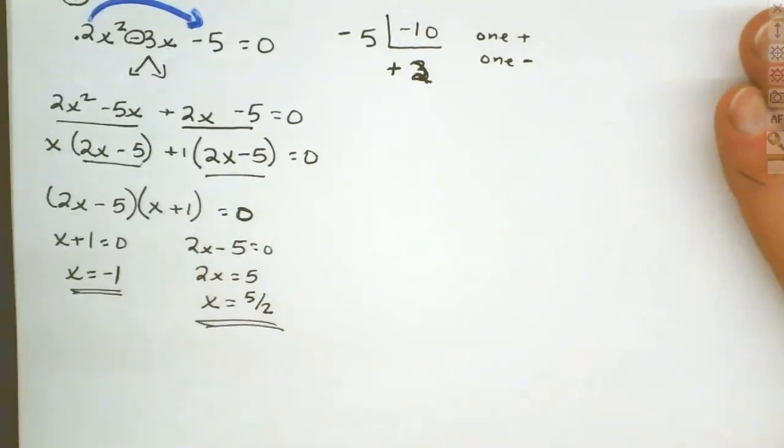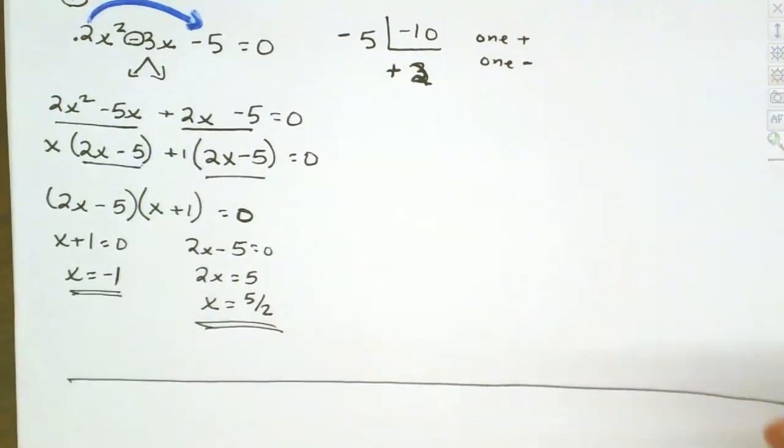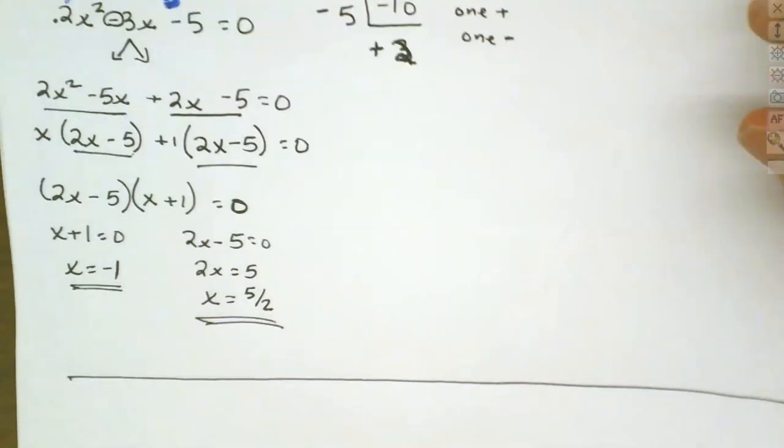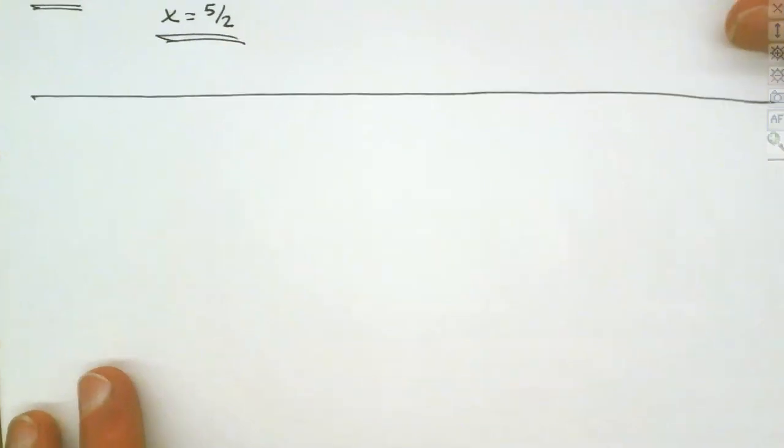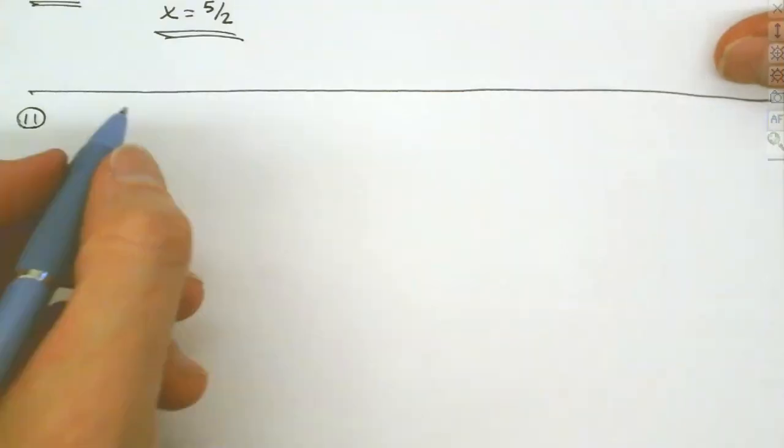The next 2, we're going to be using the quadratic formula. And I made them multiple choice so you could tell if you were on the right track or not. So we're going to look at question number 11, and we're going to solve it using the quadratic formula.